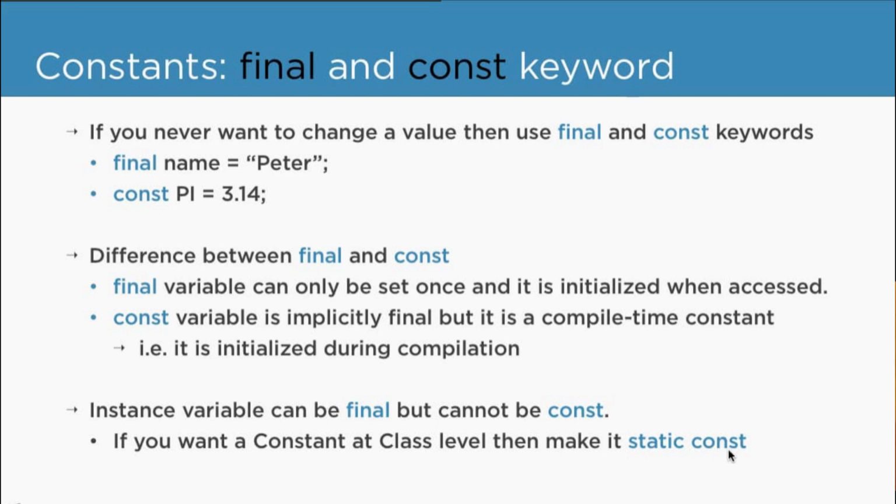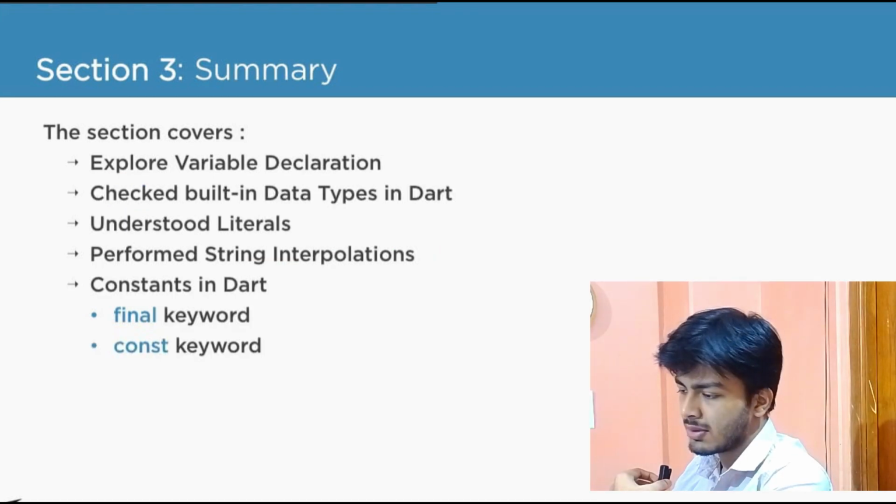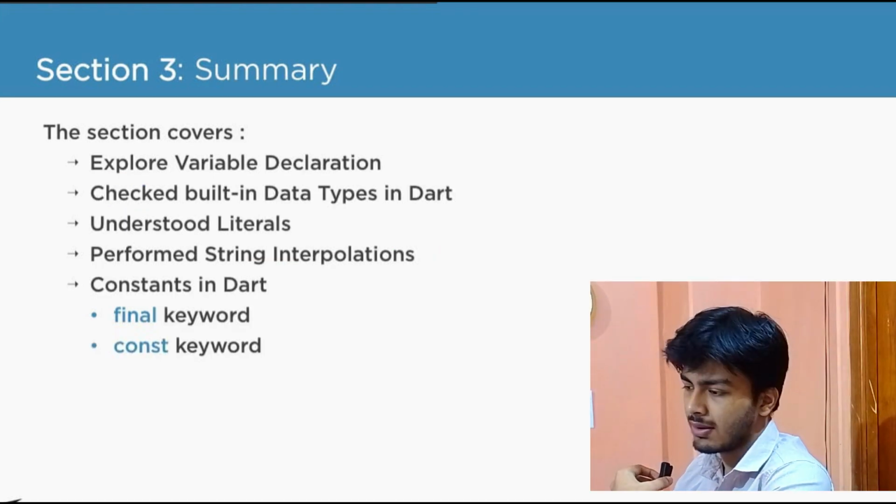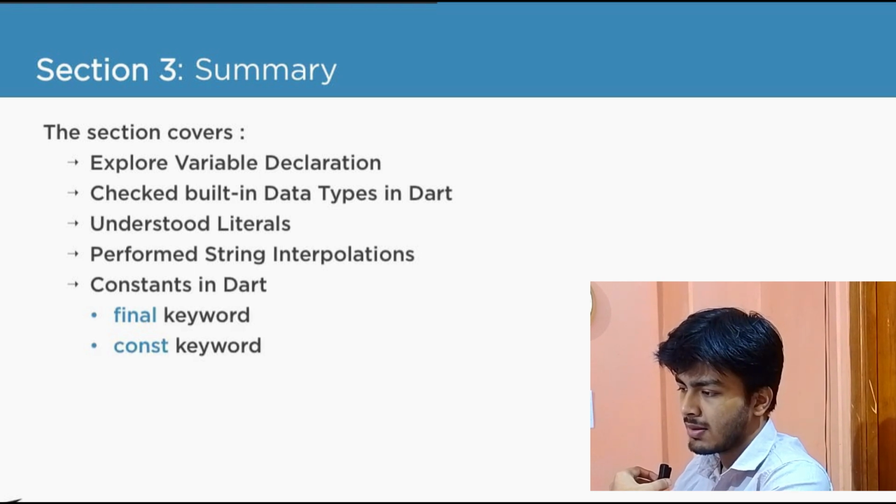So this was all about a very short video of constant and final. With this, we are at the end of this section, as we have covered all the variables and data types.